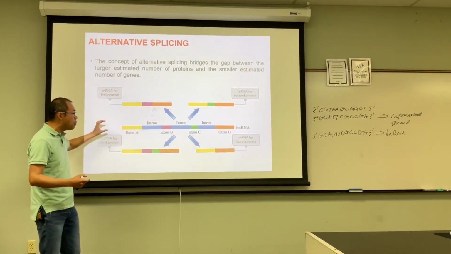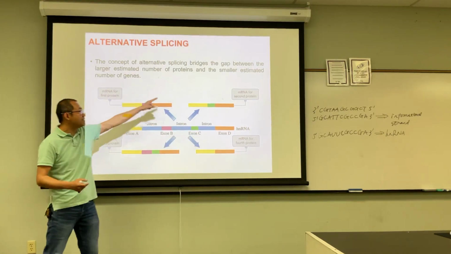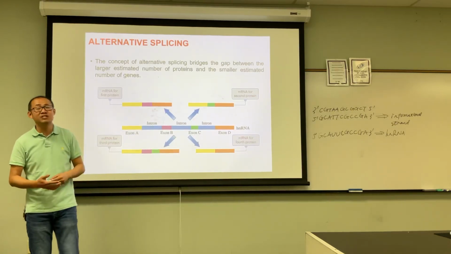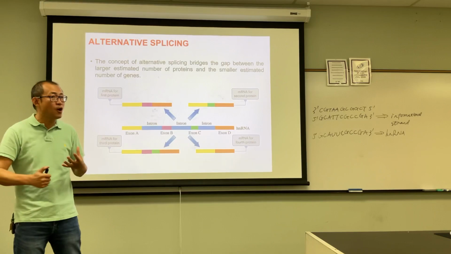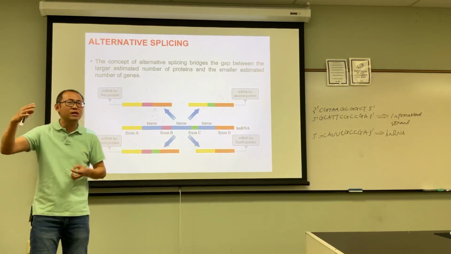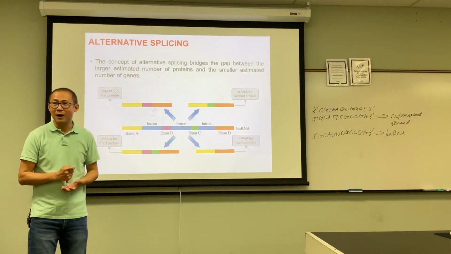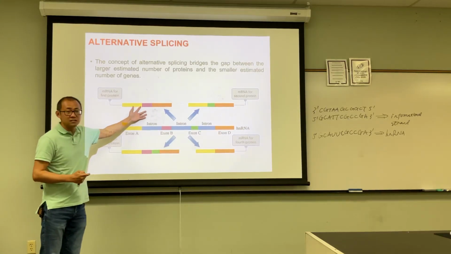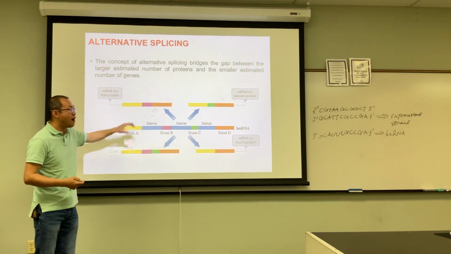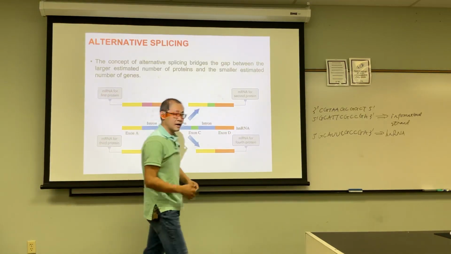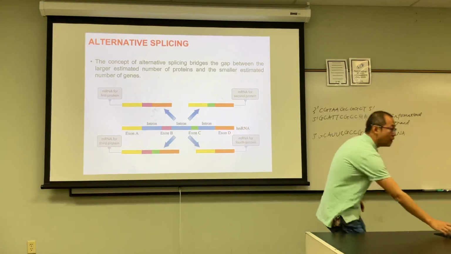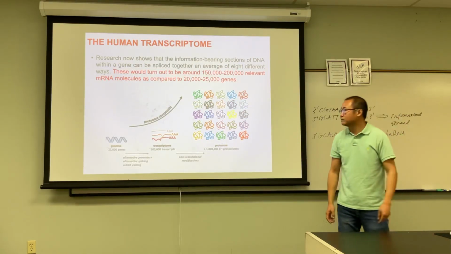So now from one hnRNA, you can have many messenger RNA for many proteins. So even our genome is not really more than a fly, but because of this, our messenger RNA library expands a lot. Messenger RNA expands a lot means our protein expands a lot.